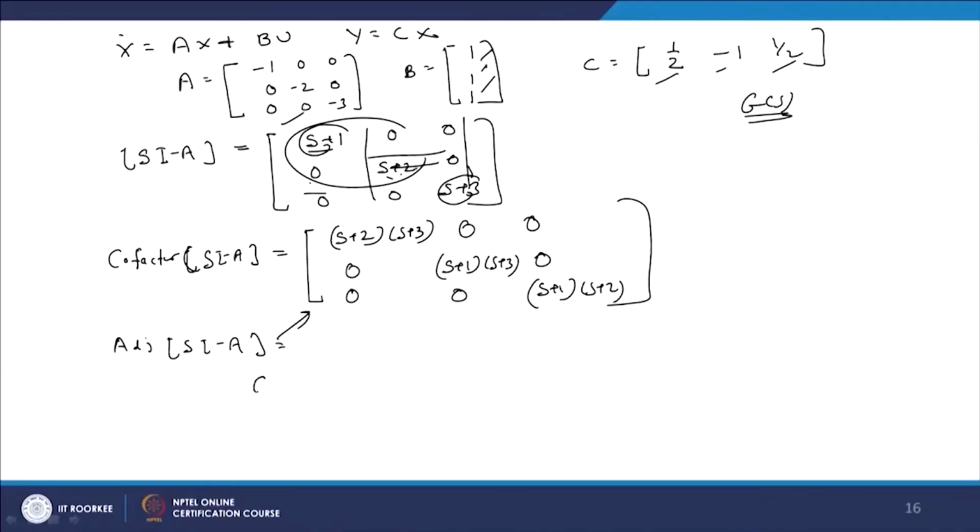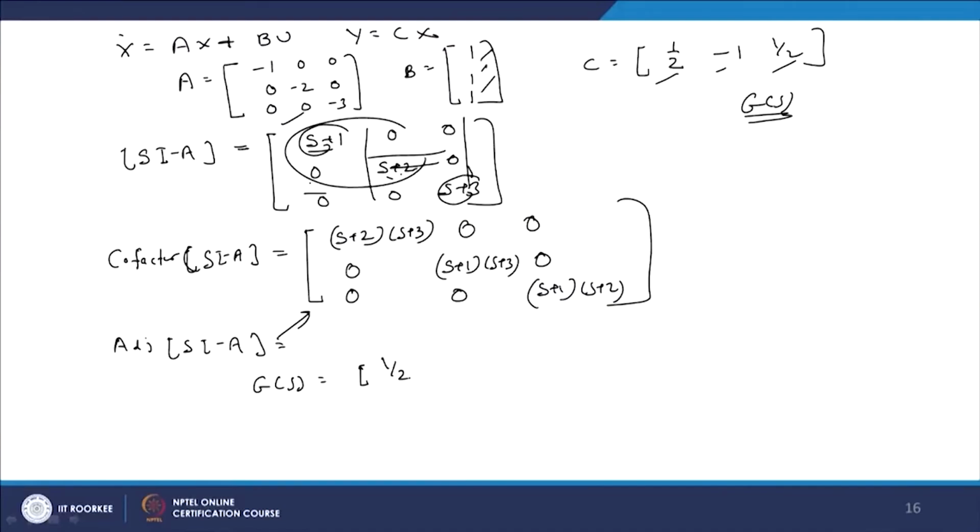Now the next step, we have to determine G of S. So how to determine G of S? For getting G of S, we have to multiply C by the inverse.